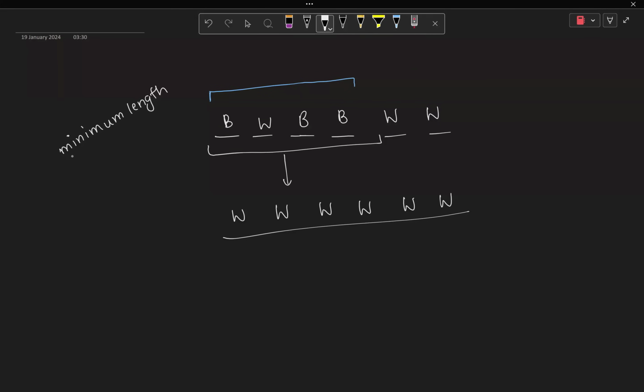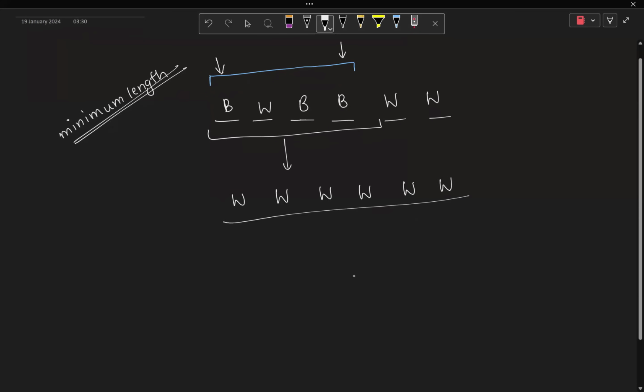And since we want to find the minimum length, it is obvious that taking any extra element in this segment which is not black doesn't make any sense, because it will only increase the cost or the length without any benefit, right? So it is pretty intuitive that you will just choose a segment starting from the first occurrence of black cells till the last occurrence of black cells.